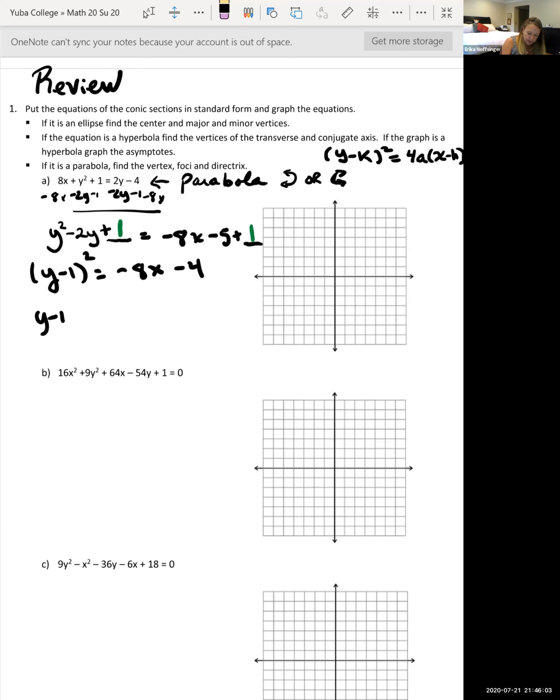We still have y minus 1 quantity squared on the left, and we're pulling a negative 8 out. If we pull a negative 8 out of the first term, we're just left with x. Pulling a negative out of a negative, we're left with a plus. So you have to think, what can I multiply negative 8 by to get back negative 4? Well, if we multiply negative 8 by a half, that gives us back negative 4. So now it is in the form where we can tell what the vertex is.